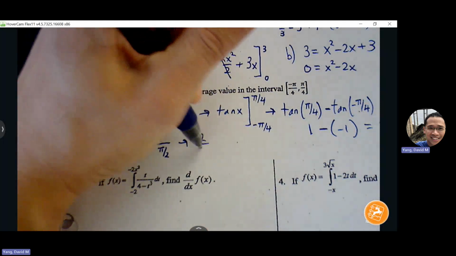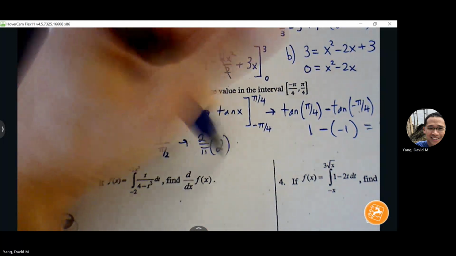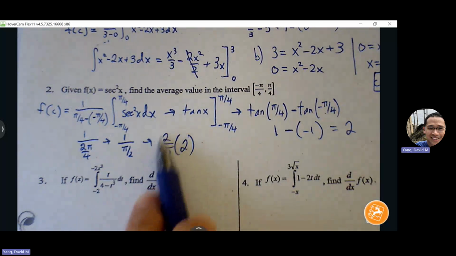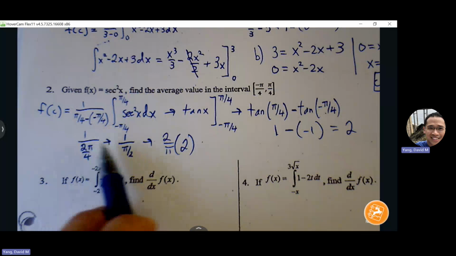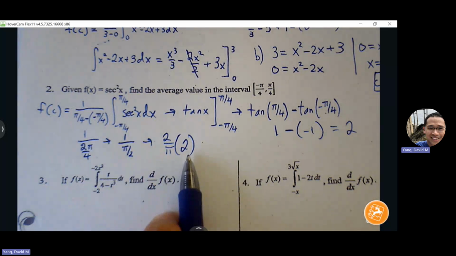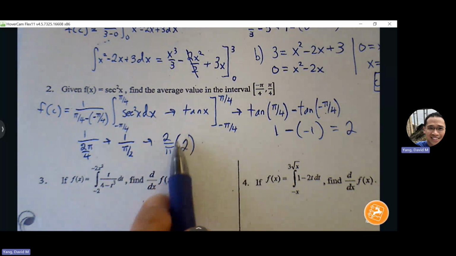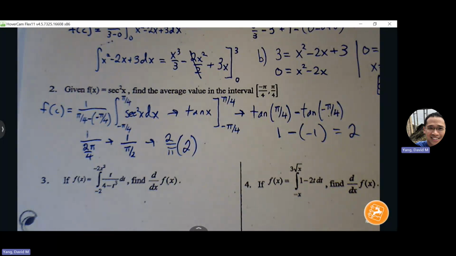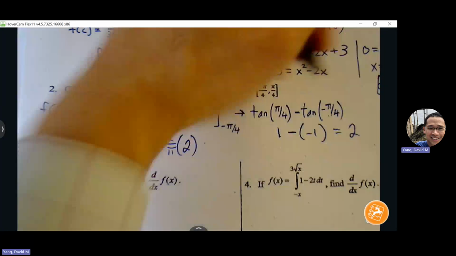So it's really 2 over pi times 2. This is my width component that I cleaned up, so it's easier to work with. And then I have my area component. So area divided by the width gives me height. Okay, average value is 4 over pi.